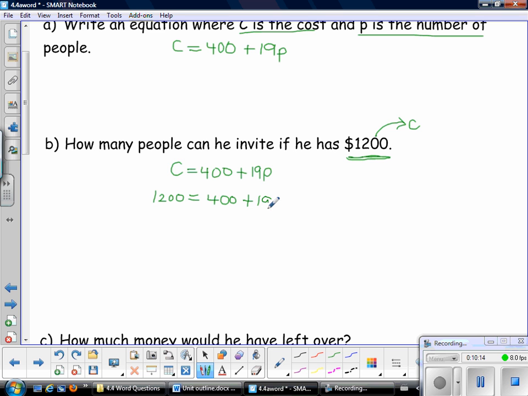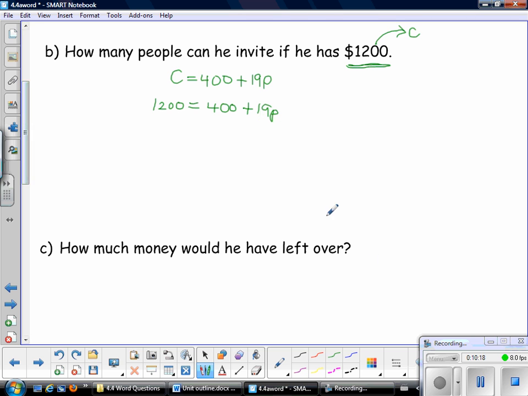All right, so first thing we need to do is get P by itself. So we're going to subtract 400 from both sides. And when we do that, we get 800 equals 19P. And then we need to divide both sides by 19.